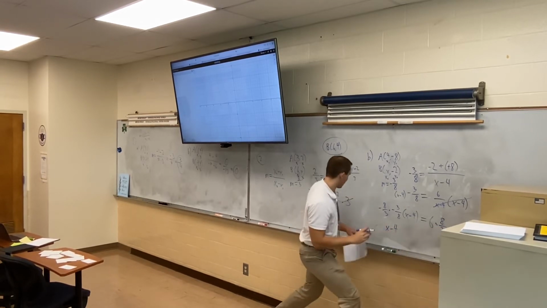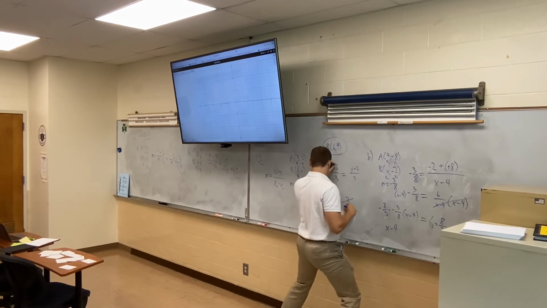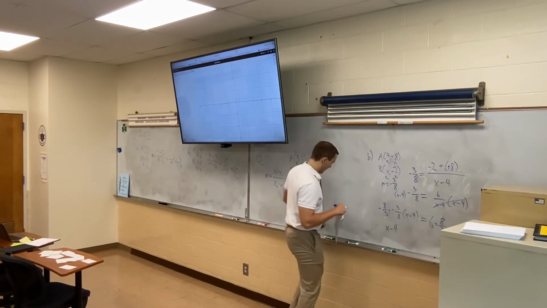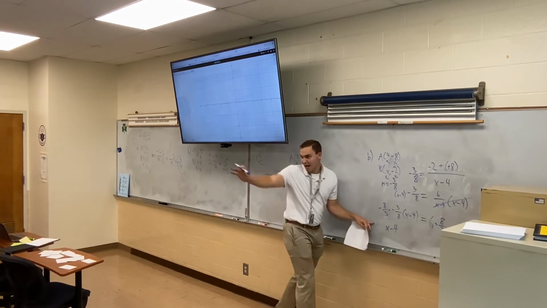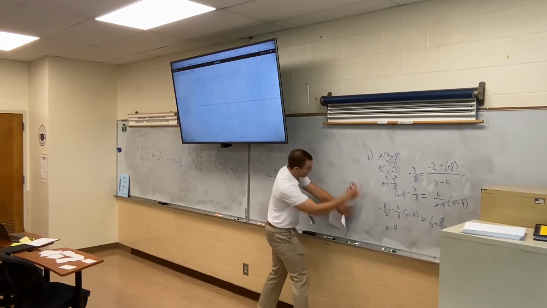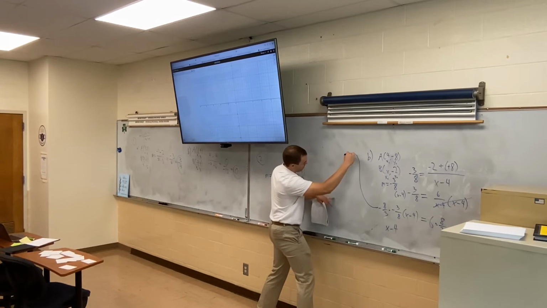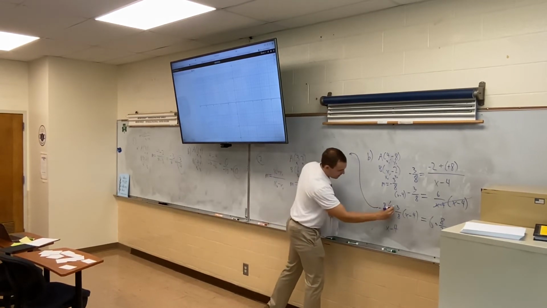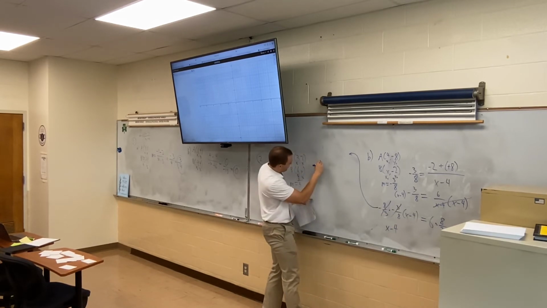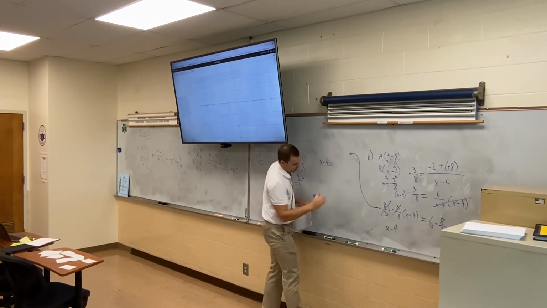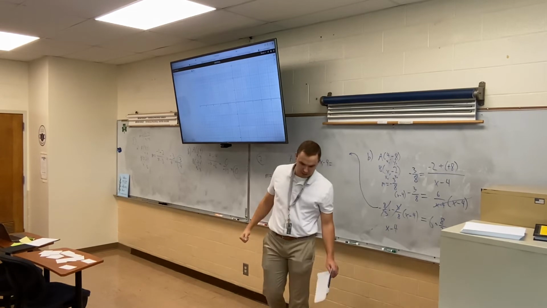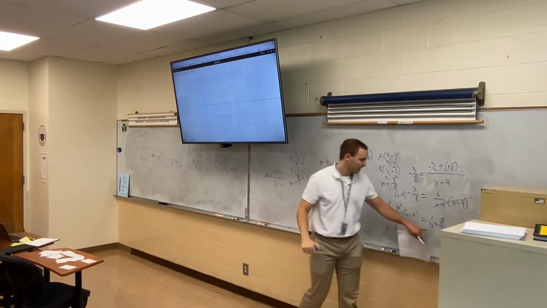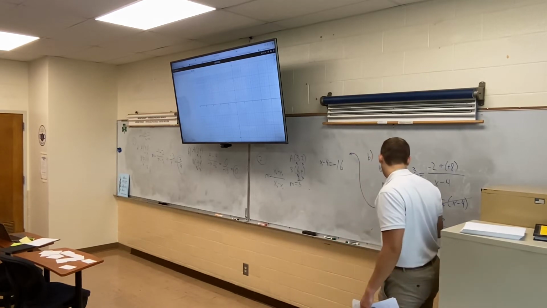Let me move up here so people in the back can see. So now these cancel out, and I have x minus 4 equals 6 times negative 8 over 3, which is negative 48 over 3, which is negative 16.